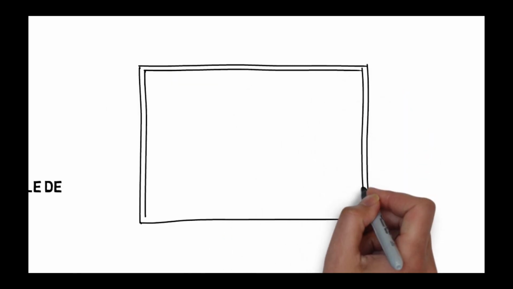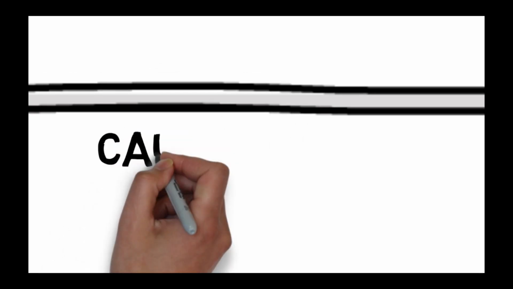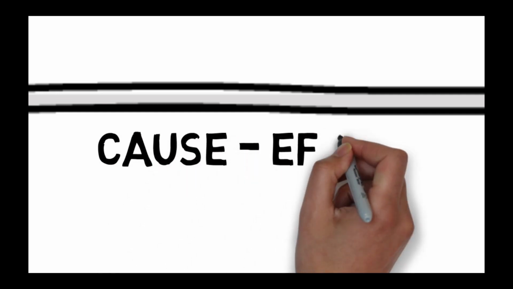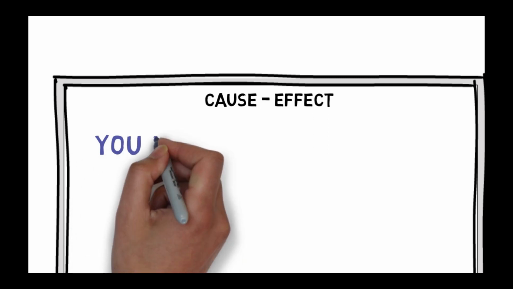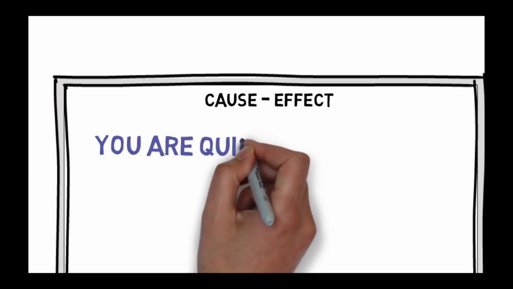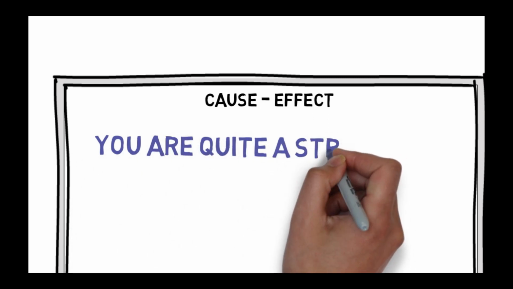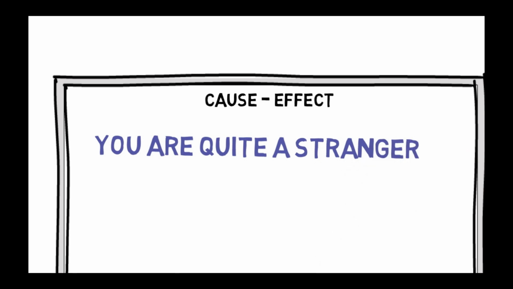With the third type of modulation, one can move from cause to effect. For example, to translate this sentence into Arabic literally, we may not be able to transfer the intended message properly. You are quite a stranger.